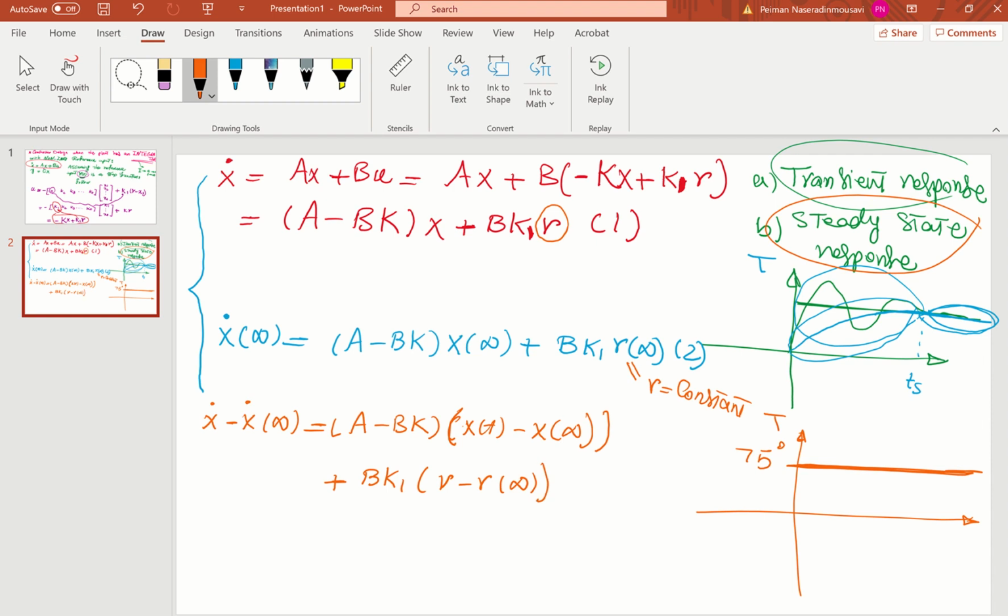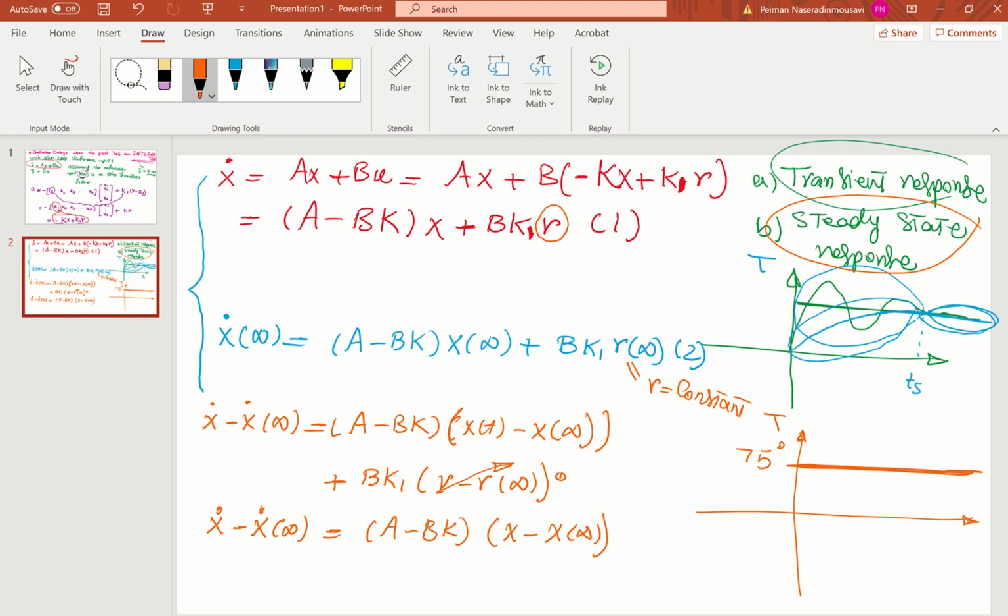But we know r at time infinity is r, so this goes to 0. So what you get is x dot minus its steady state value is (A minus BK) times (x minus x infinity).